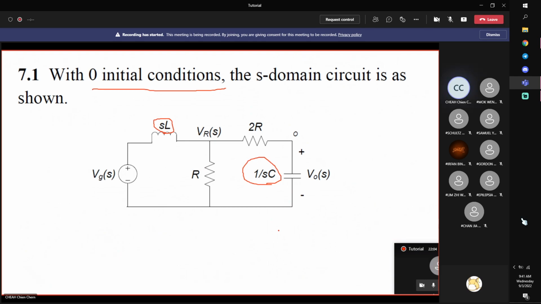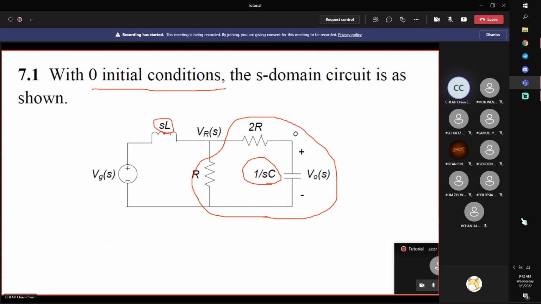So plan how you want to approach this problem. There are actually many methods, as you can see. I'll just go through some. One method is that you can simplify this whole thing into one equivalent impedance.